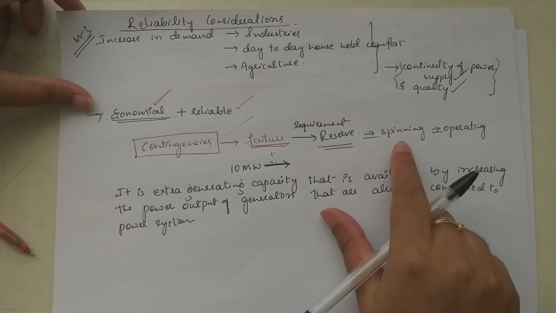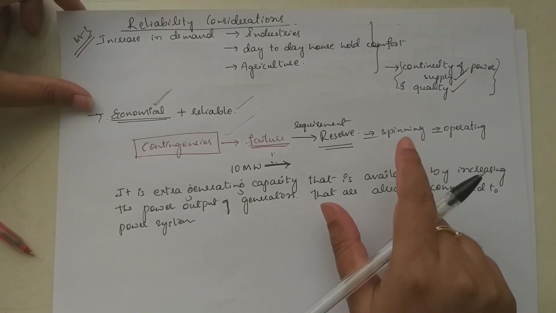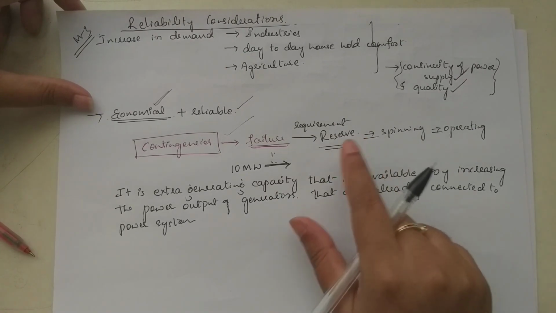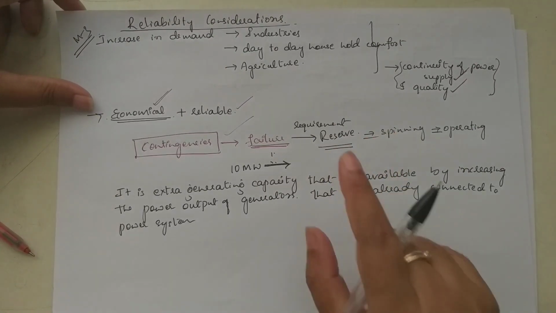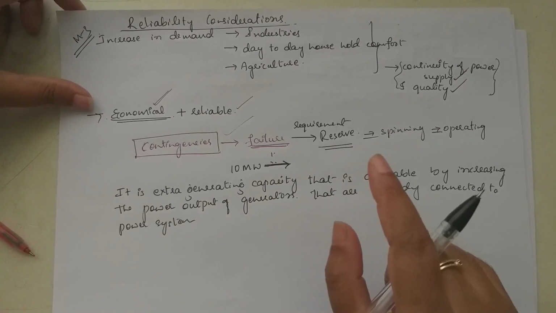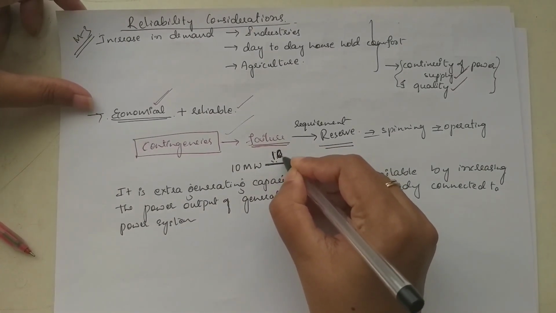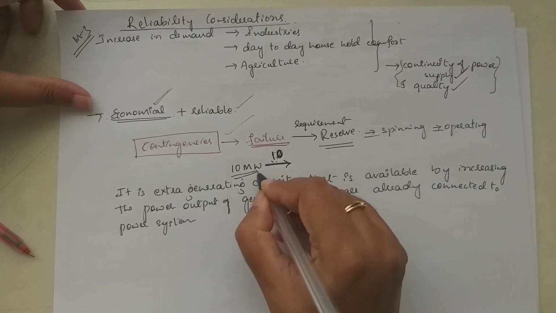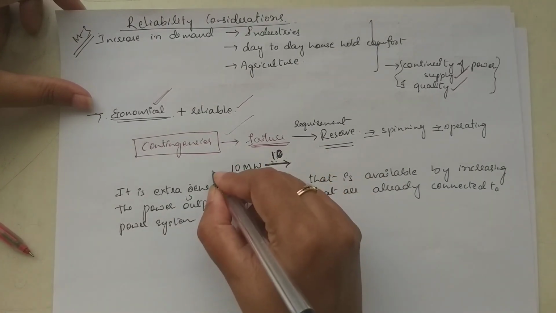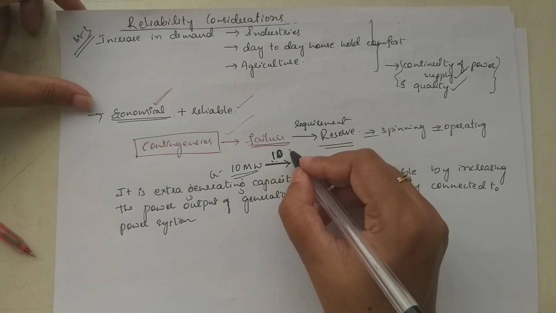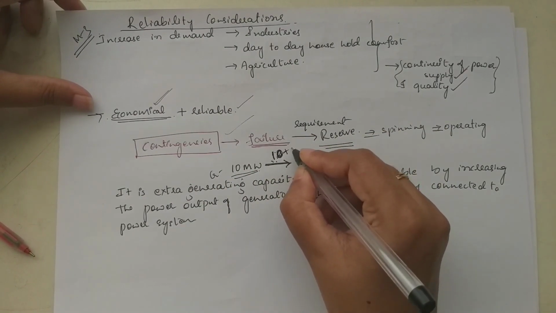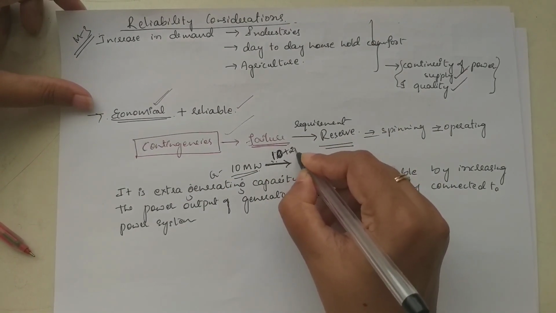The spinning reserve means what? We need to have reserve. Reserve must be allocated in the units that are operating. Initially the demand is 10 megawatt, so the generator generates 10 megawatt power supply. Occasionally the demand gets increased by 2 megawatt.